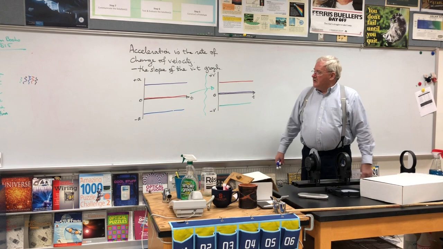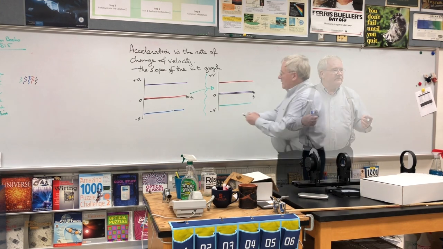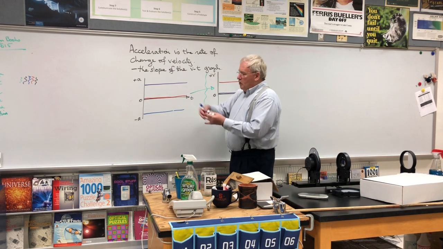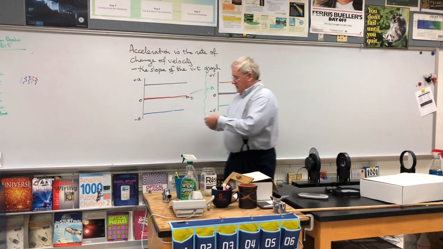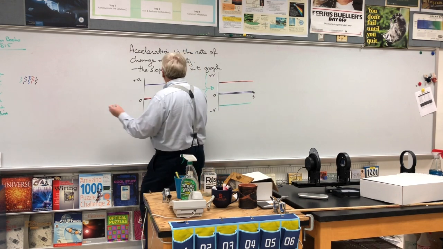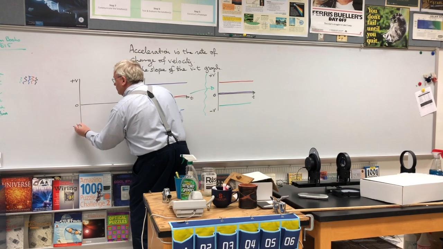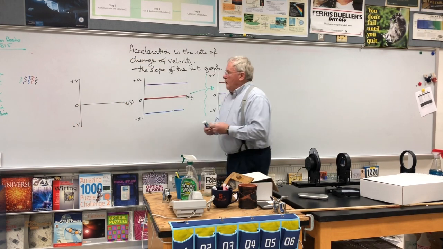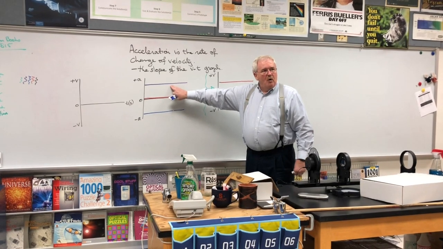What about the other two situations? Well, they're similarly tricky. All right, so let's come over here and look at this purple line, which is above the axis, and see what that might do with a velocity time graph. Okay, so we have, according to this, a positive and constant acceleration.